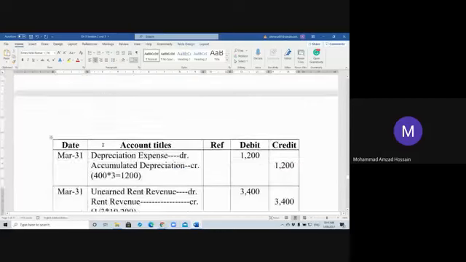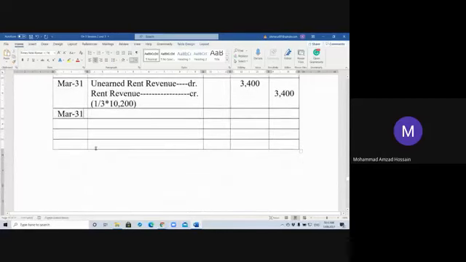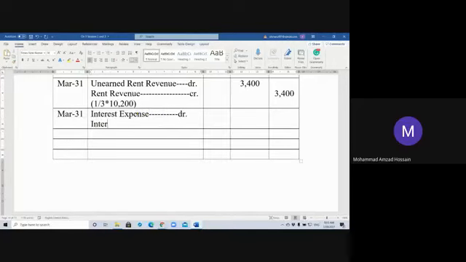Interest expense debit, interest payable credit, as the interest has been accrued during the period. The amount is 500.